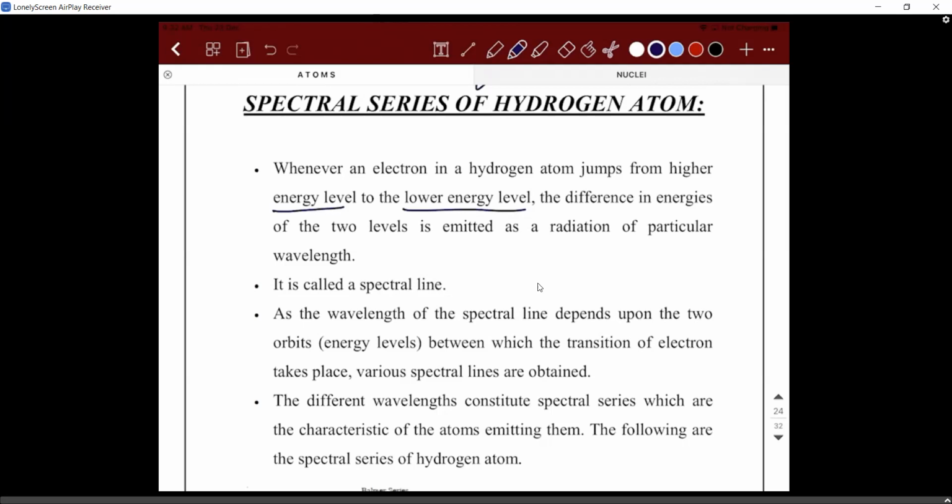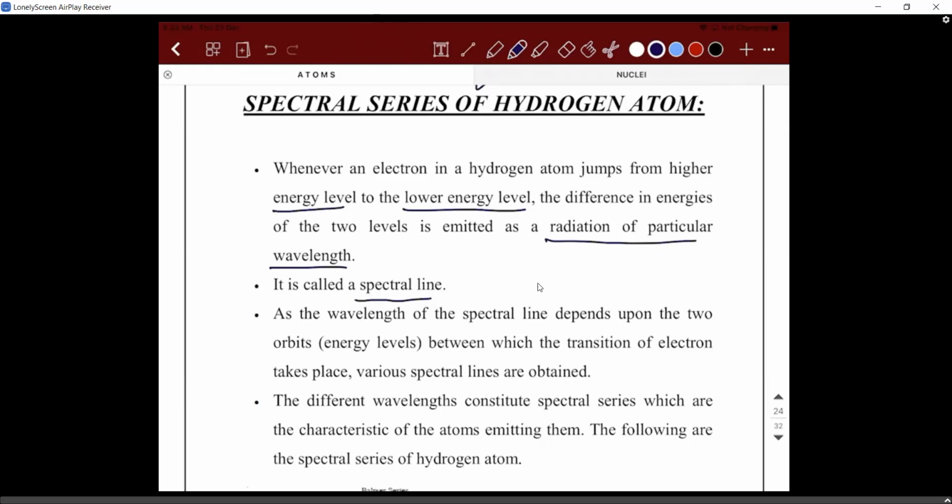That radiation of particular wavelength is called a spectral line. Secondly, is the wavelength going to have a fixed value, or does it depend on the transition between which two orbits is taking place? The answer is it depends on the energy levels of those particular orbits.